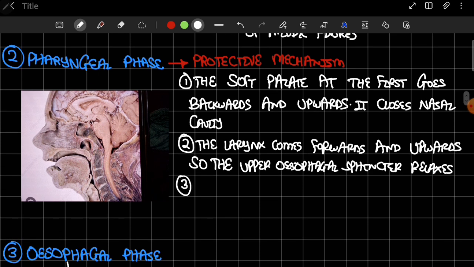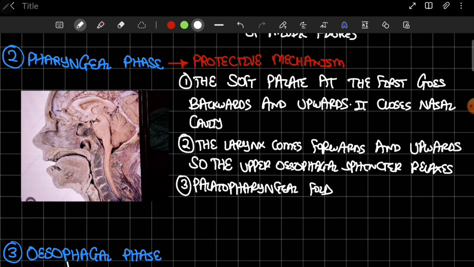Now, the protective mechanism number 3 is about the palatopharyngeal fold. So this is the pharynx, because it is not clearly seen, but this should be the pharynx, this is the larynx. So tell me one thing, the fold which extends from the soft palate and goes to the pharynx, it is not seen clearly here, but it is somewhat like this.